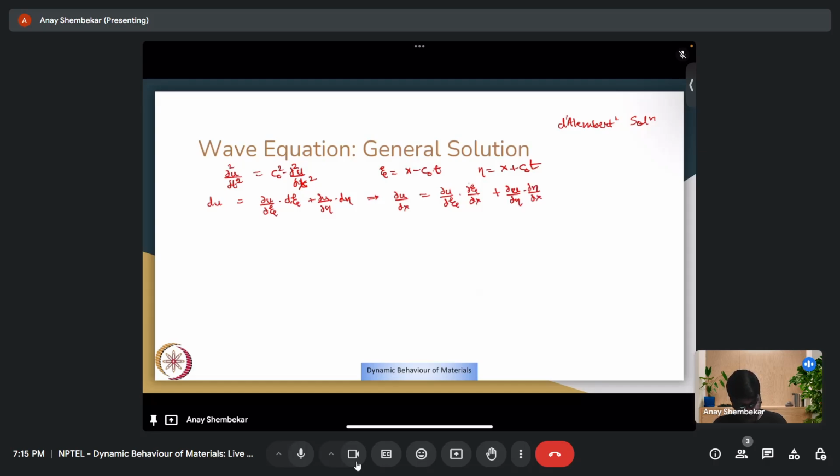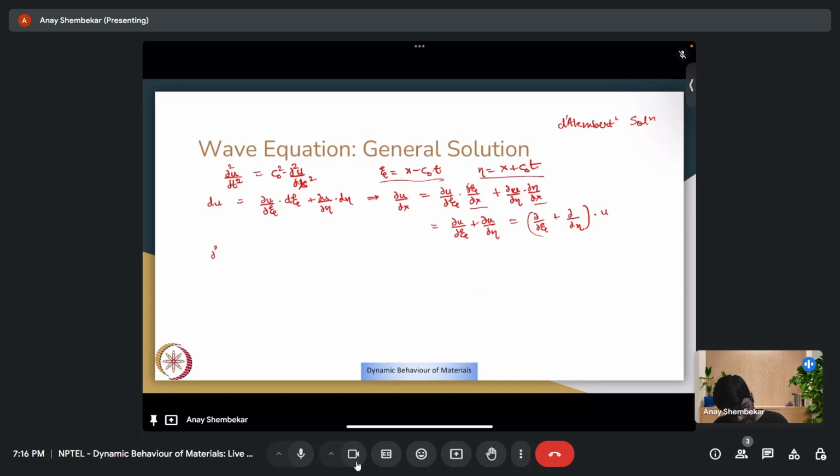Dou epsilon by dou x and dou eta by dou x can be evaluated based on our chosen form of the variables, so they are basically one each. So you end up with dou u by dou epsilon plus dou u by dou eta, which can be written as dou by dou epsilon plus dou by dou eta of u.